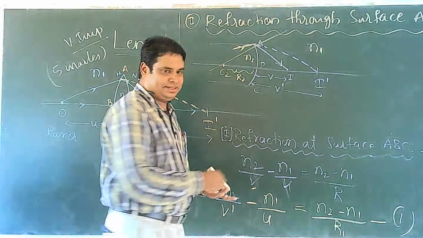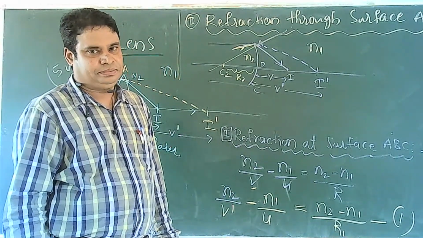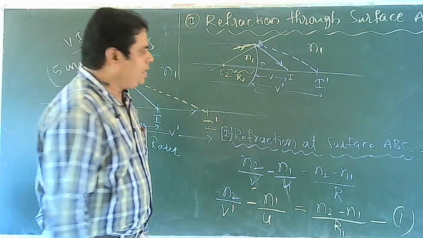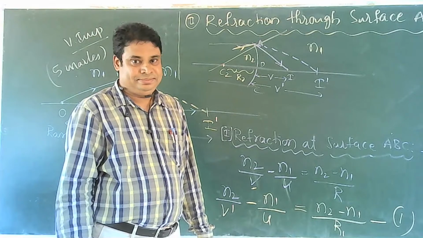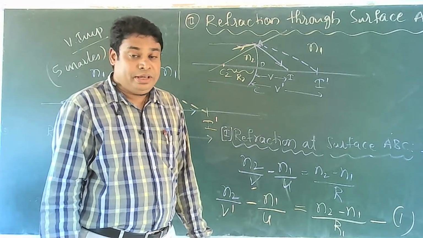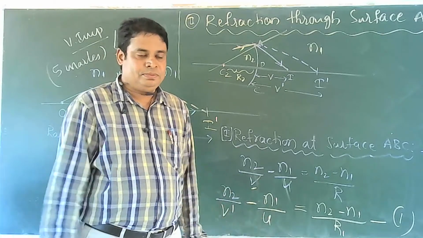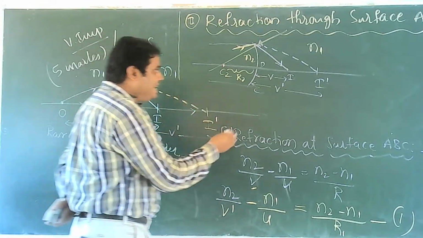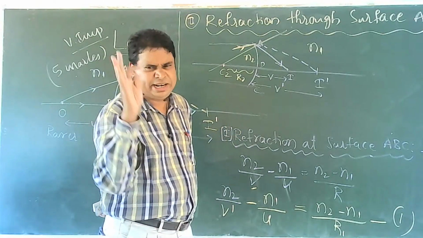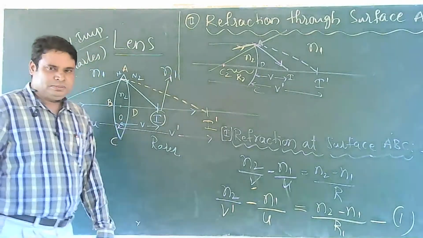Now let me write the expression for this. Look carefully, what do I have to write? Refractive index of image space divided by image distance. Where is your image formed? Your image is formed in the rarer medium.